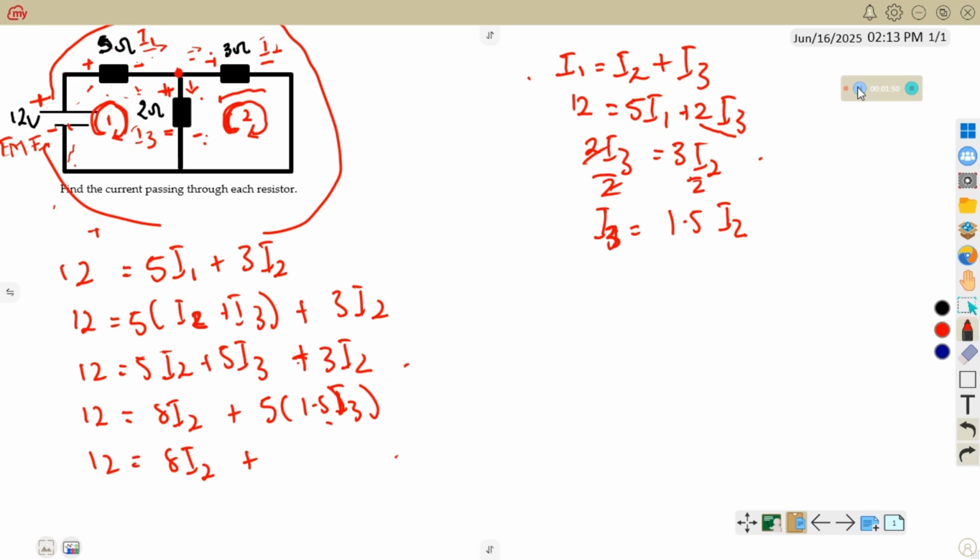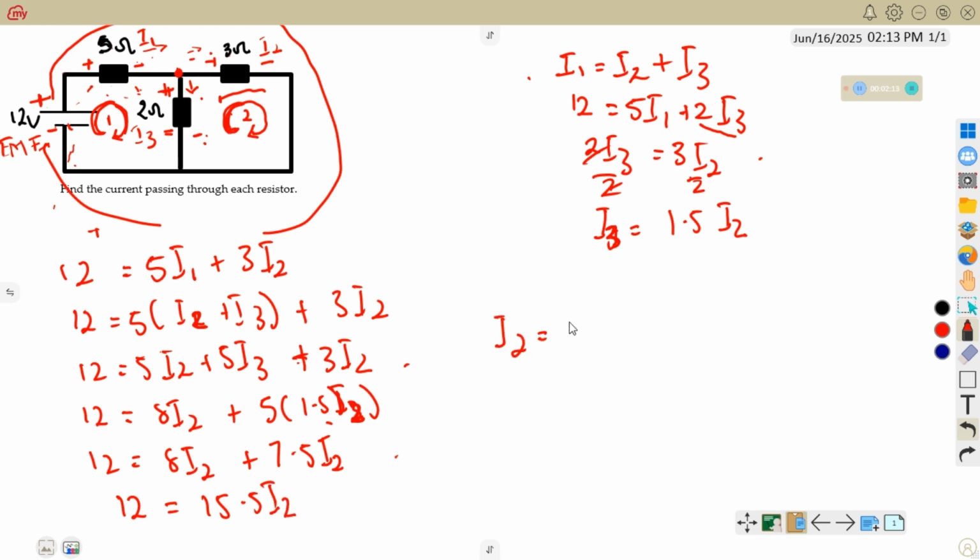So that's 7.5 I2. So we have 12 to be equal to 8 plus 7.5 I2. That's 15.5 I2.